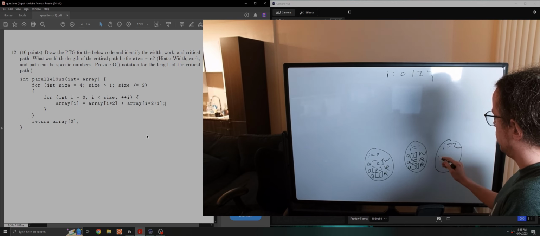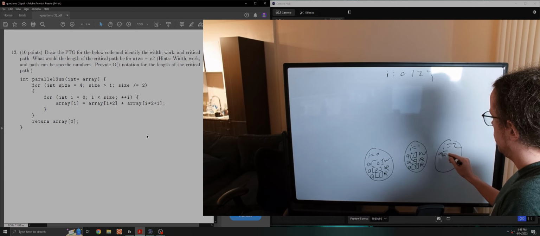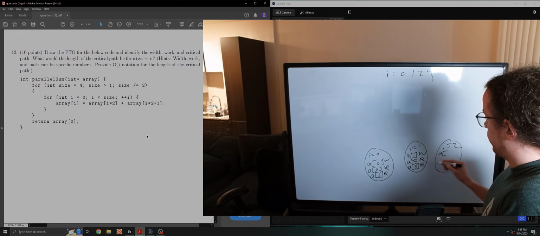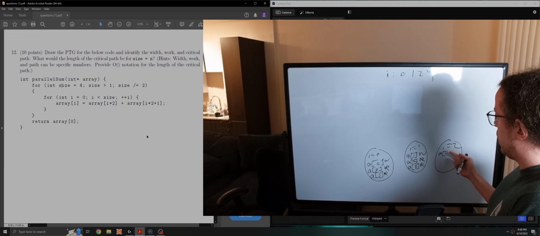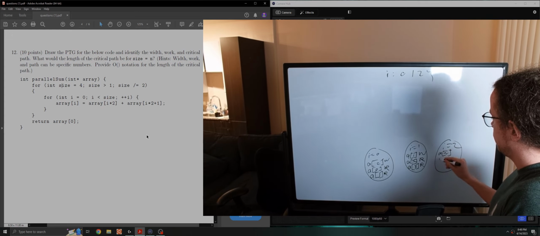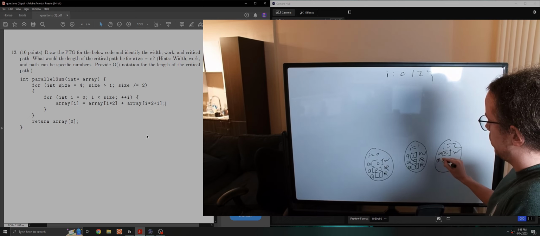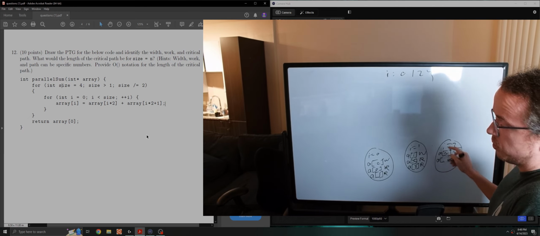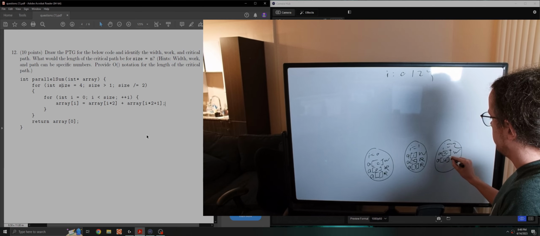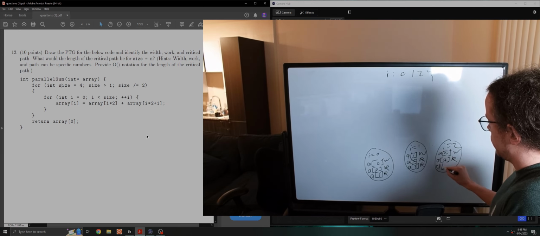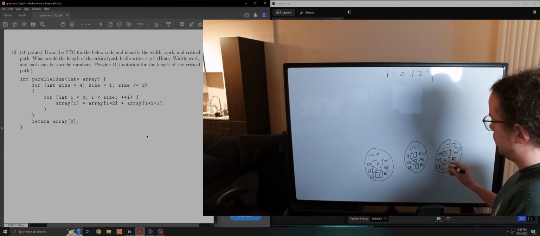You get I equals 2. First is always we access the I value, so we access A of 2. That's our write. Then we access I times 2, which is 4. And then we access I times 2 plus 1, which is 5.